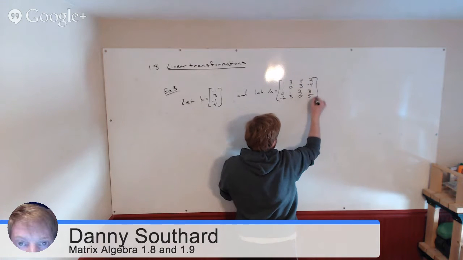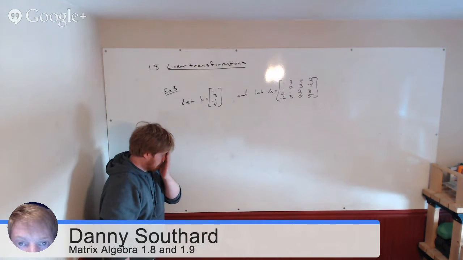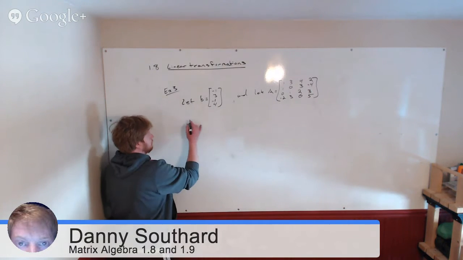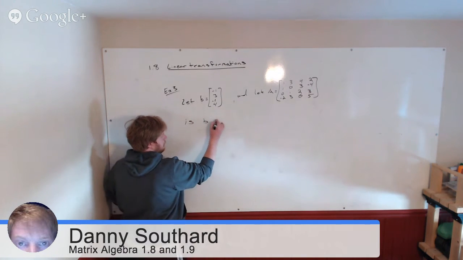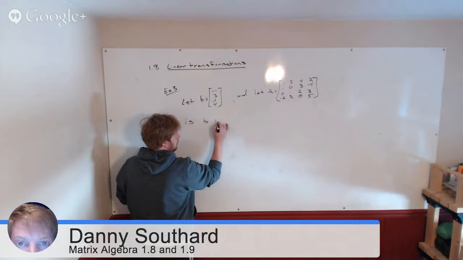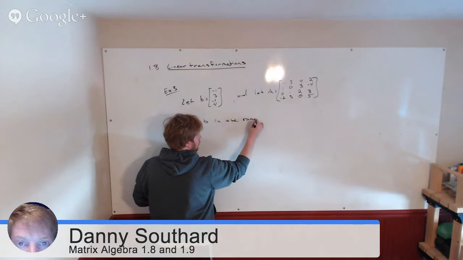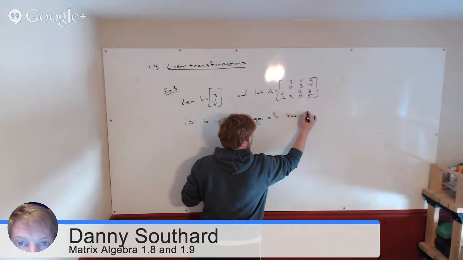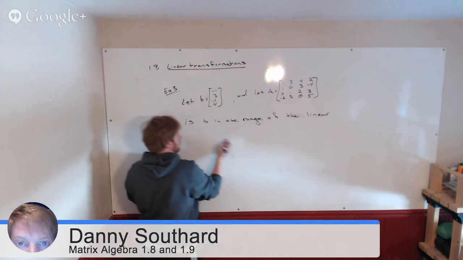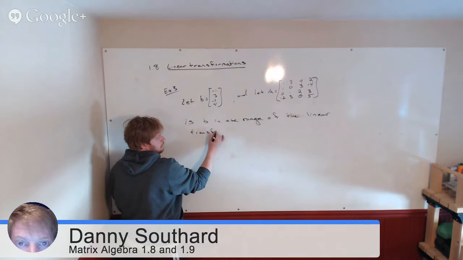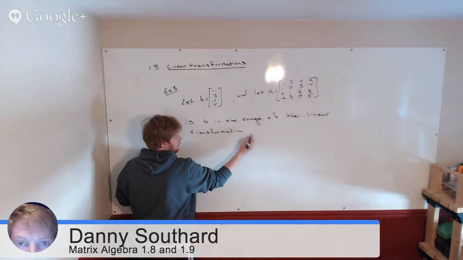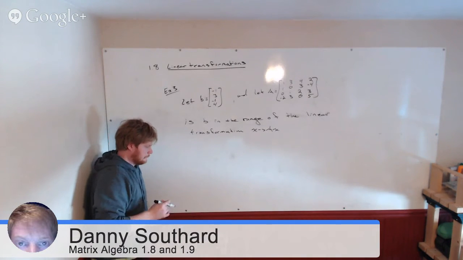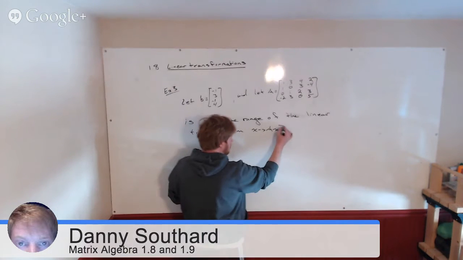Okay, the question here is, is B in the range of the linear transformation that takes x to Ax?